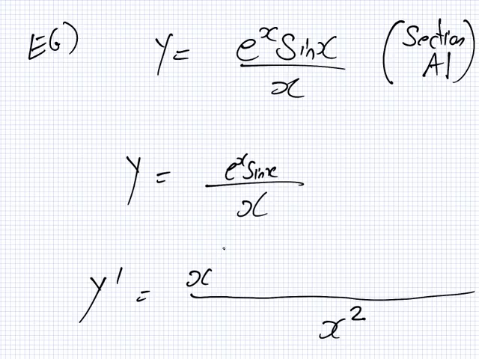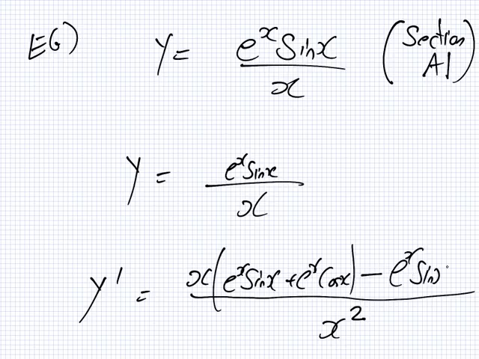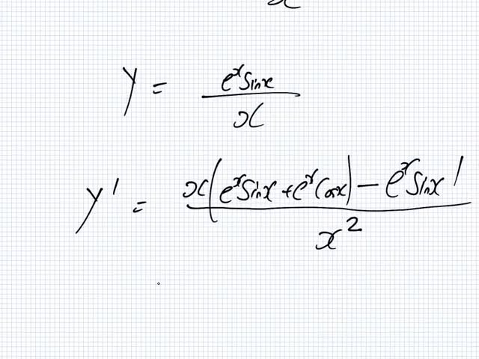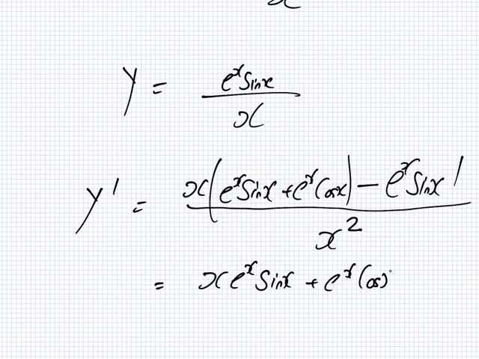Product rule, which will be e^x sin x plus e^x cos x, minus the top times derivative of the bottom, which is 1. So the answer is e^x sin x plus e^x cos x minus e^x sin x all over x squared.